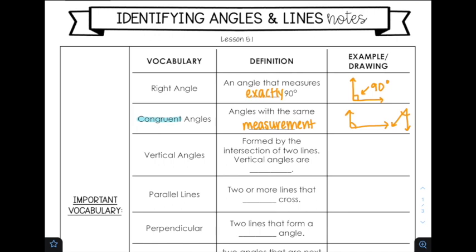Vertical angles are formed by the intersection of two lines, and vertical angles are congruent. So it kind of goes along with our previous vocab. So, intersecting lines. In this case, we have two pairs of congruent angles, and I'm just going to label them.